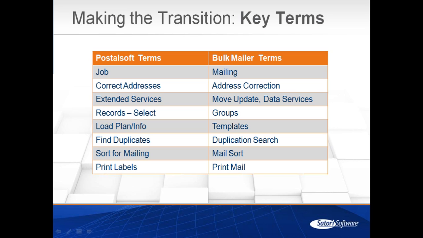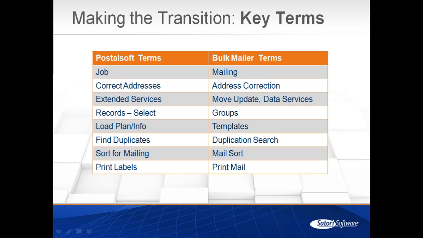Record select or select by criteria is referred to as groups in bulk mailer. That's how you're going to group your records or filter your records in order to do a pre-sorted mailing. Load plan or load information, that is directly related to templates in bulk mailer, and you'll see that bulk mailer is very much template driven.